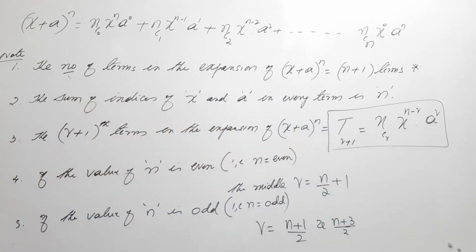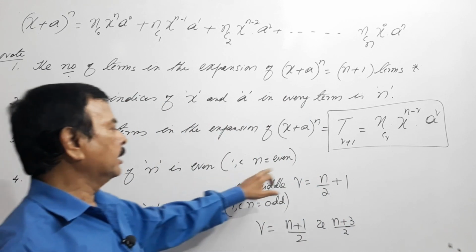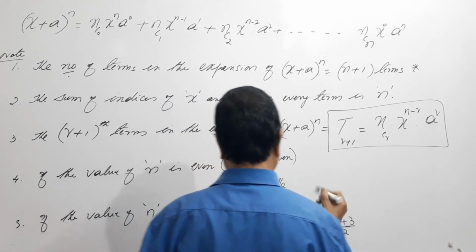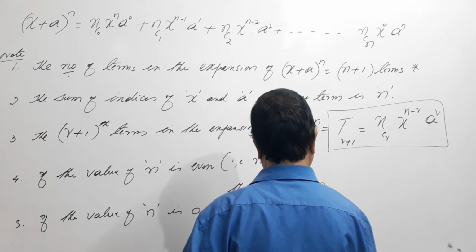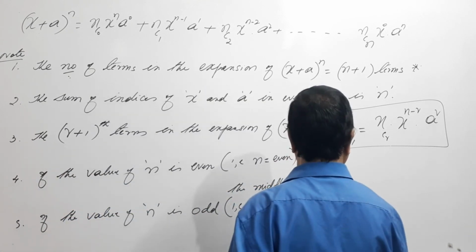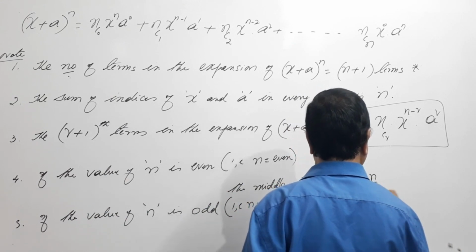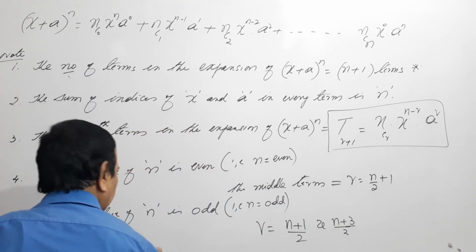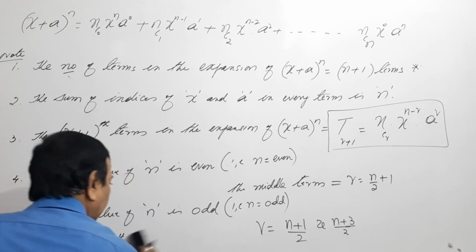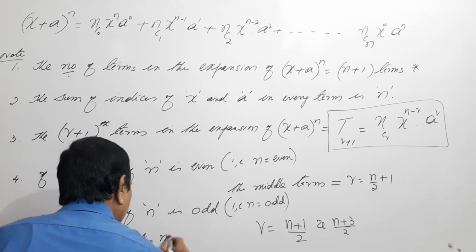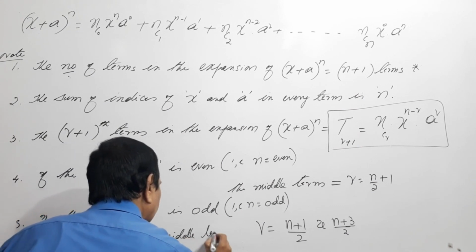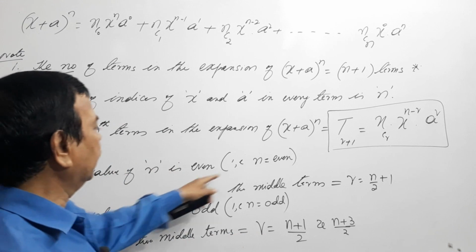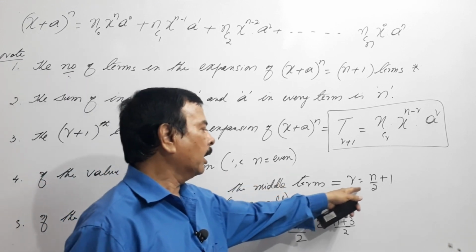So remember this, if the value of n is even, that is n is even, the middle term R equals n/2 + 1.